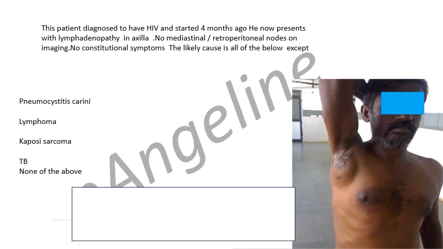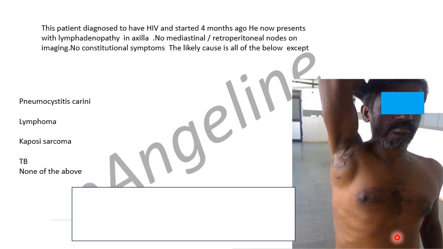When you have 2-3 points ticking there, that means it's helping you navigate and come to the correct option. Now this patient is diagnosed to have HIV and was started on treatment 4 months ago. See now, the same patient, I've changed the history a little bit. I've made it 4 months. He now presents with lymphadenopathy in the axilla. There are no mediastinal and retroperitoneal nodes on imaging. Naturally, when they have this lymphadenopathy, you will also look into the chest and abdomen.